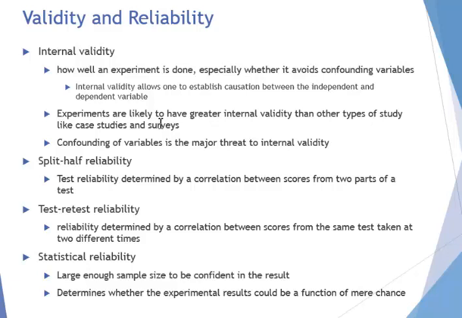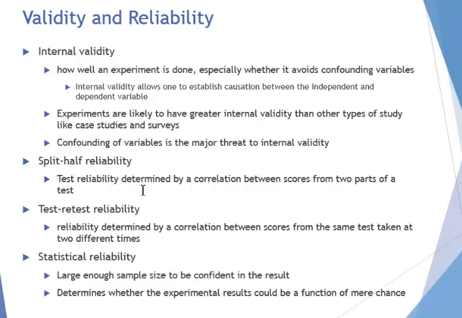In case studies, when you're studying an individual and how that person behaves, you may not have a good baseline of behavior. There may be confounding variables. And the same thing is true with surveys. In surveys, you have issues of people giving answers to improve their own image, social desirability, like we discussed before.